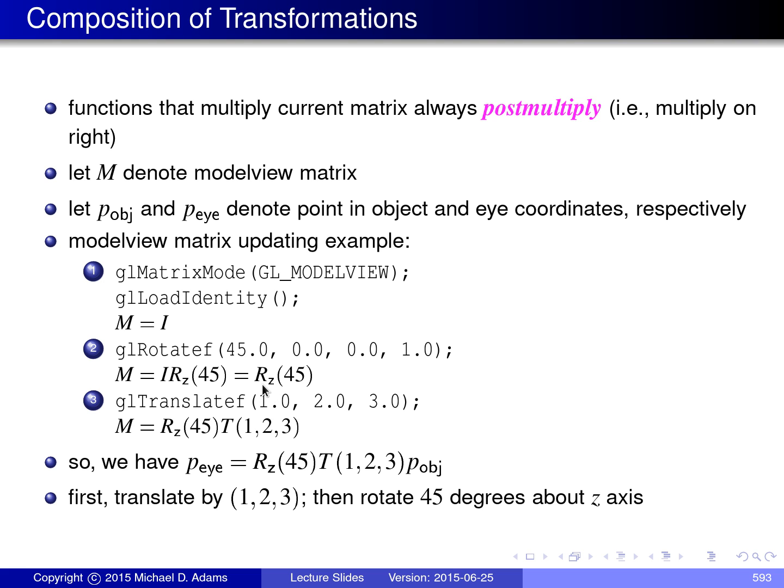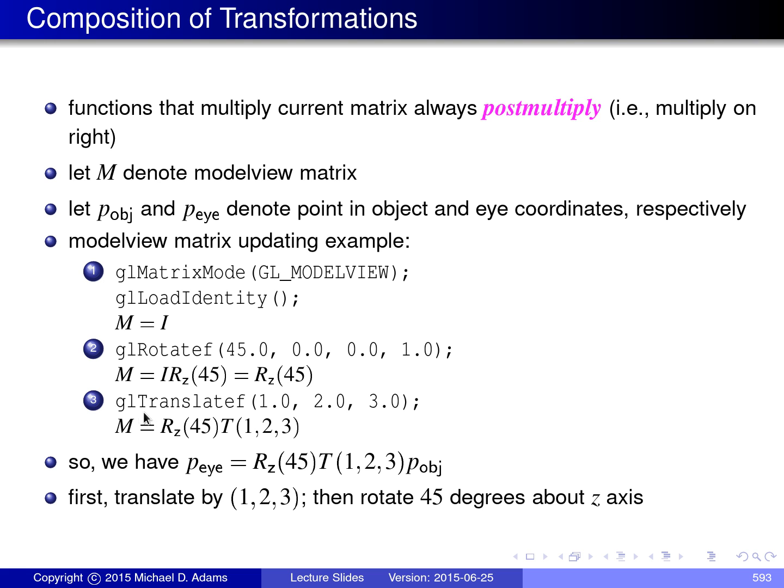In other words, using notation from earlier slides, it's a rotation of 45 degrees about the z-axis. And we multiply the identity matrix on the right by this new matrix. In this case, it doesn't matter whether we multiply on the right or the left because the identity is a diagonal matrix, but we do multiply on the right because in some cases it will make a difference. And this gives us that the model view matrix is now this rotation matrix.